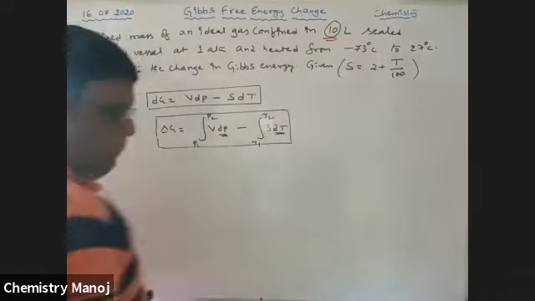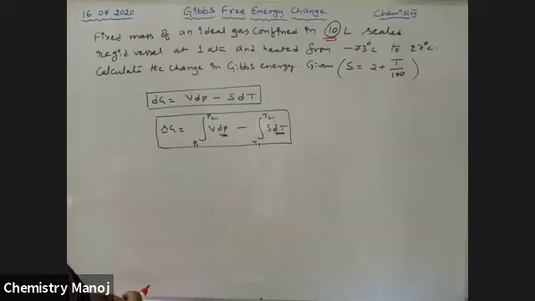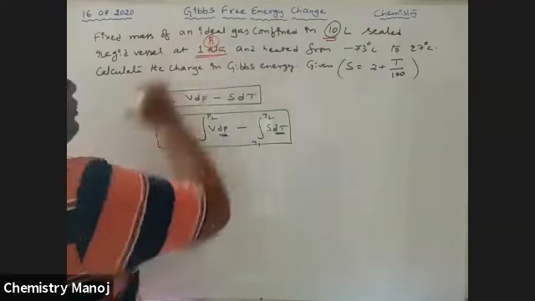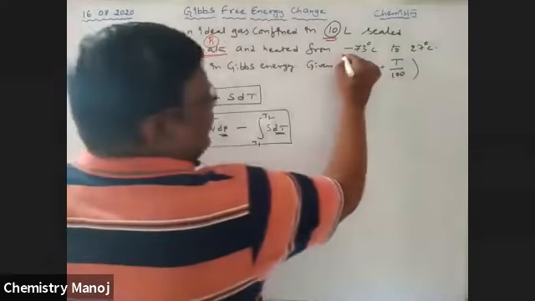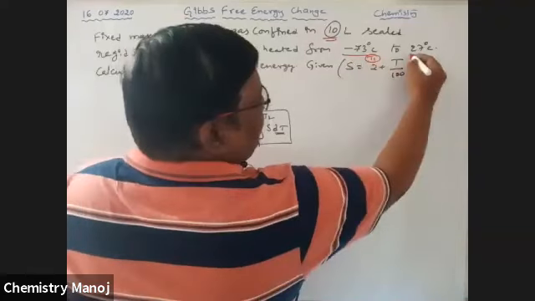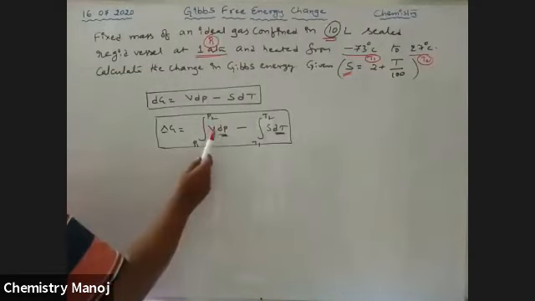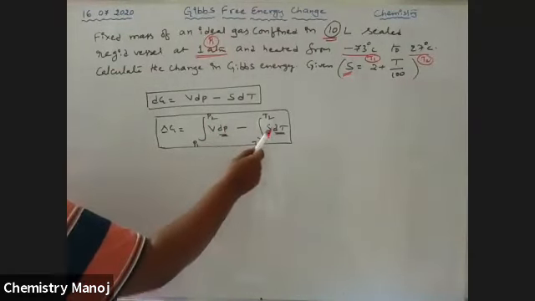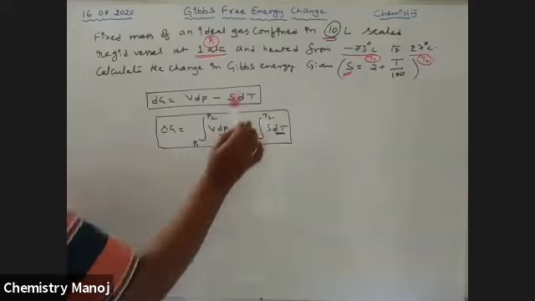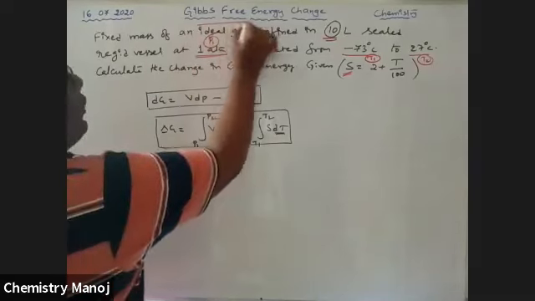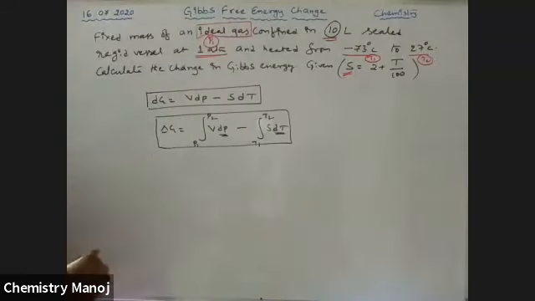P1 is given, T1 is given, T2 is given, S is given. So V, dP, S, dT are given. To calculate, we must have P1, P2, T1, T2. P1 is no doubt known. We don't know P2, but it is an ideal gas.